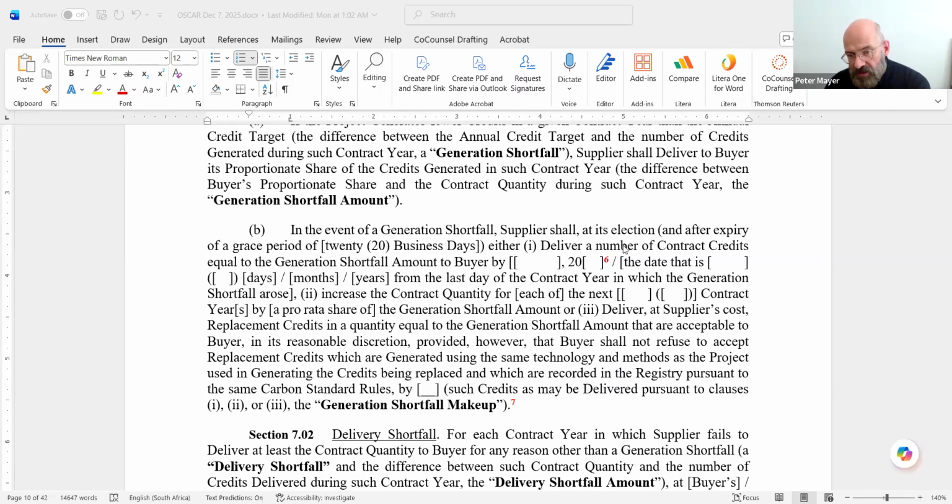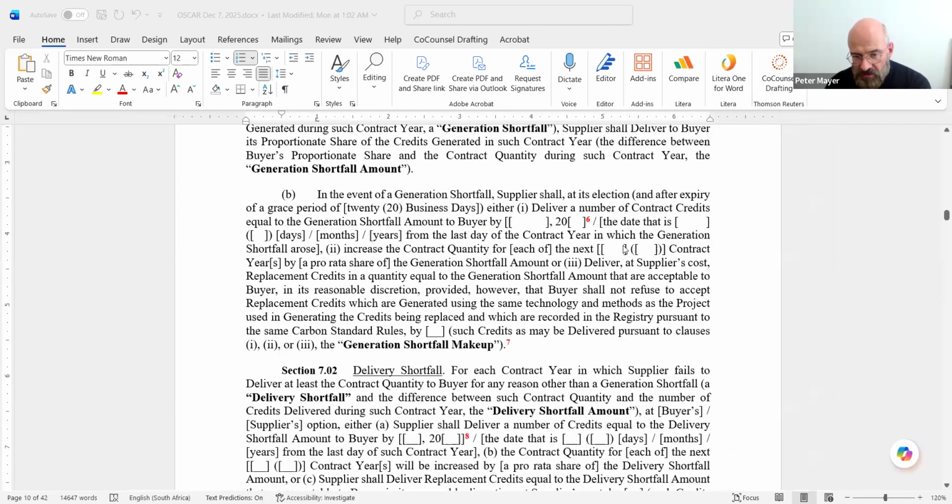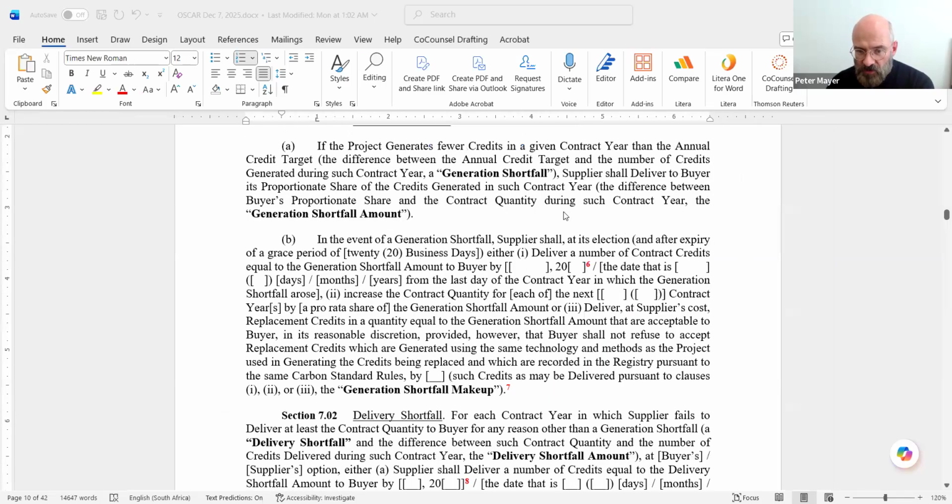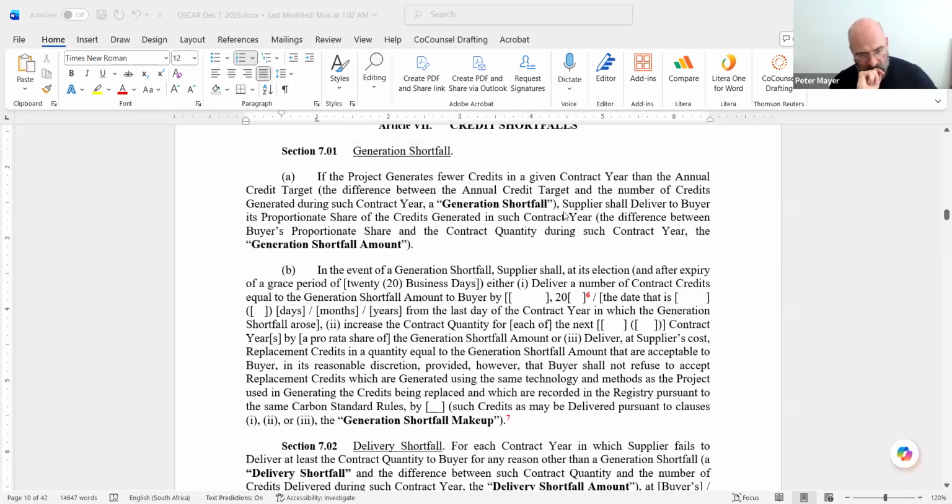What Oscar does is it distinguishes between a generation shortfall and a delivery shortfall. And there are different kinds of remedies or different kinds of consequences in each of those scenarios, right? So a generation shortfall is basically that the project does not generate the CO2 removal that was promised, right?